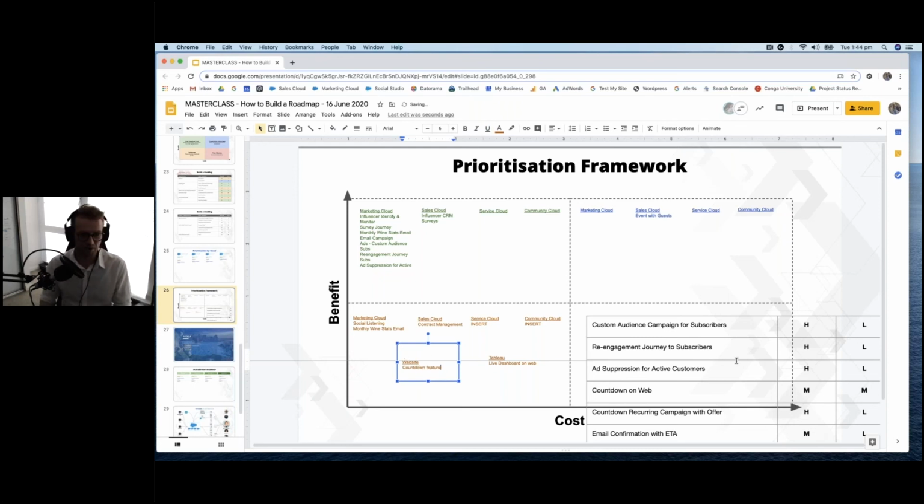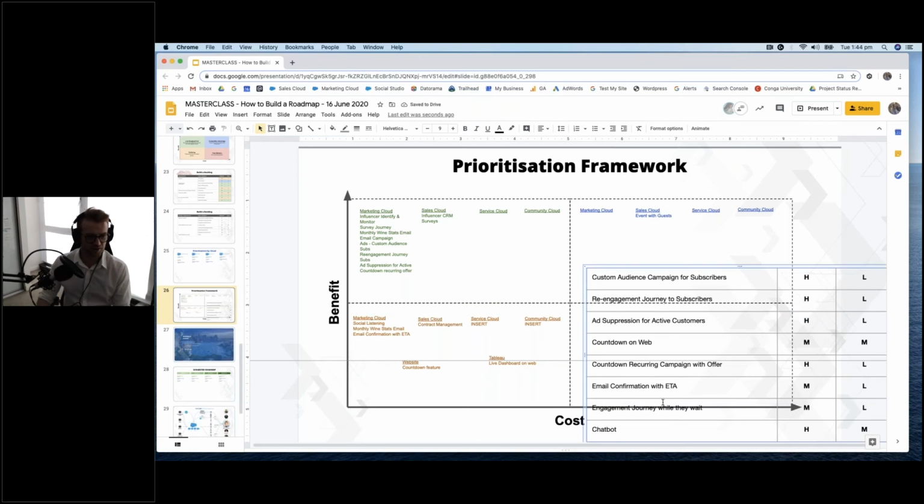Great. Okay, what else have we got? Countdown recurring campaign with offer, high, low. Countdown recurring offer. Email confirmation with ETA is medium, low. Email confirmation with ETA. Great. Okay, we're almost there.